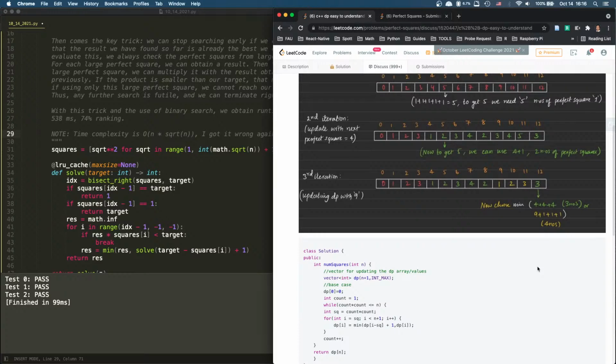Oh, nice. Wow. Yeah, it's the same idea, right? We always start using the maximum you can use and see how the remaining is going to go. Every time we use the maximum number of big values we can use.